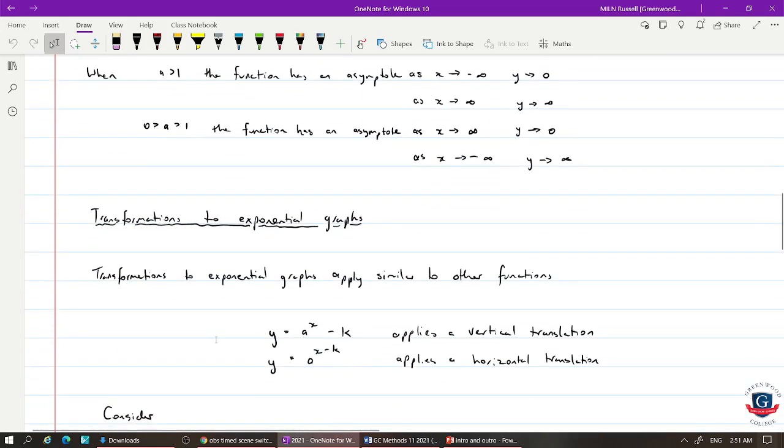Now, transformations can apply to exponential graphs. Like with any other function, if we subtract k, it's going to move it vertically. Actually, I might just change that because I was referring to it differently later. Make this h. Actually, I think I left that as k and I made the other one h.